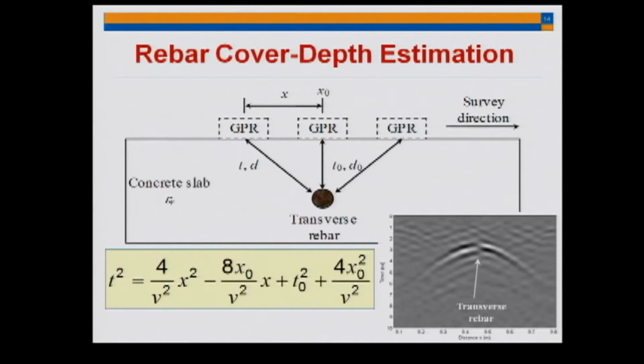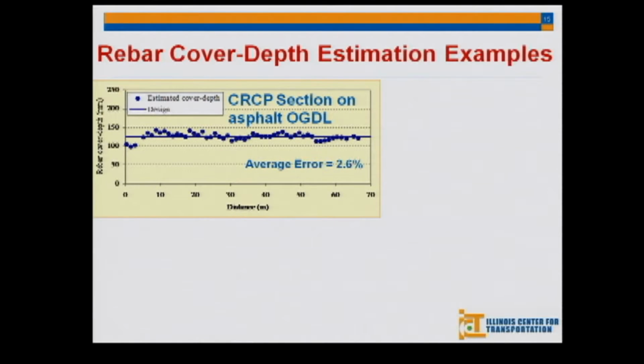So here are 2 advantages. One is I can detect where you have reinforcement in a structure, and second, I can measure the cover depth, which is really important for the rehabilitation process. Here is an example where the depth of the rebars was estimated, and you can see the error is very, very low. These are the different measurements that were taken from a road.